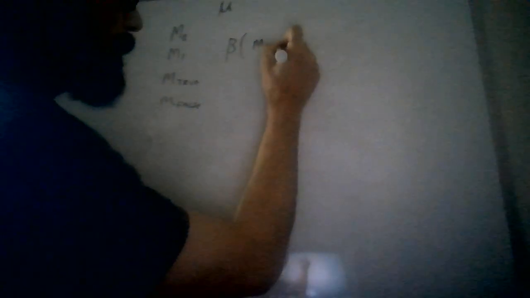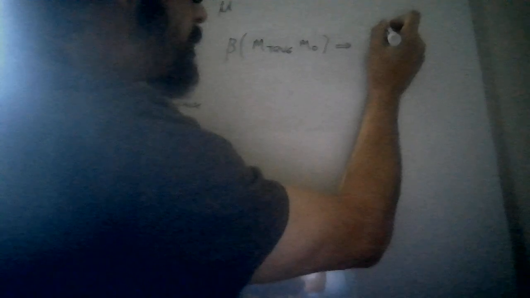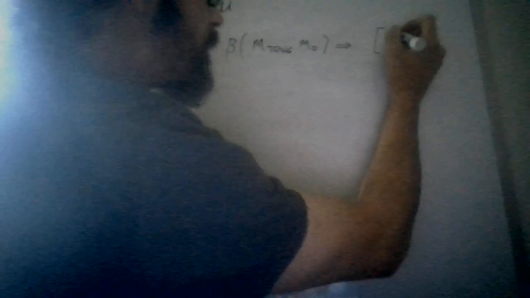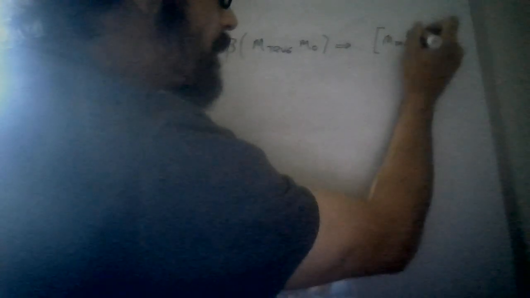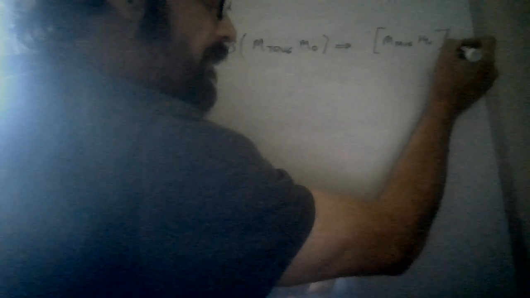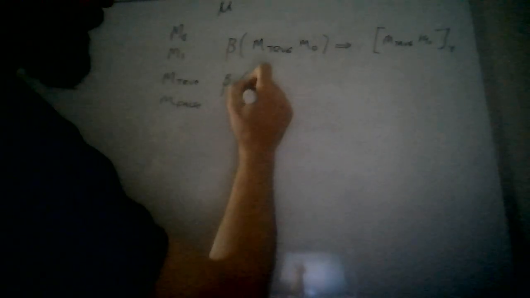So we have true. We're going to bind it with 0. This gives us a neighborhood where M_true and M0 exist, and I'm going to give this neighborhood a label, and we'll call it T. And also we'll use the M1.